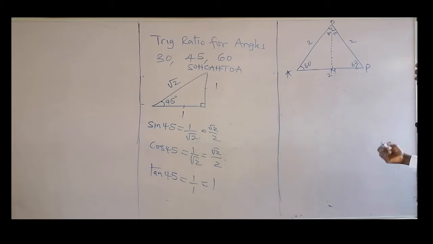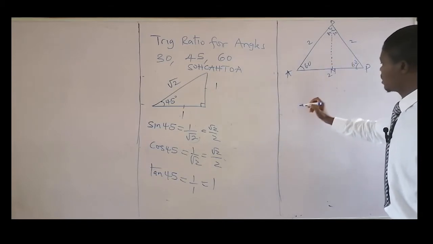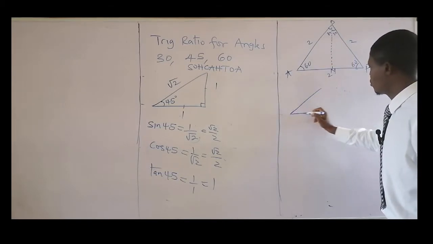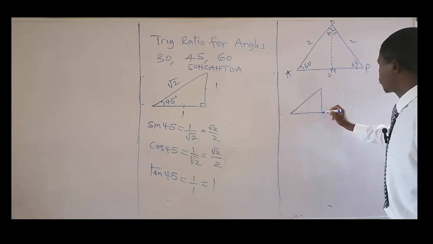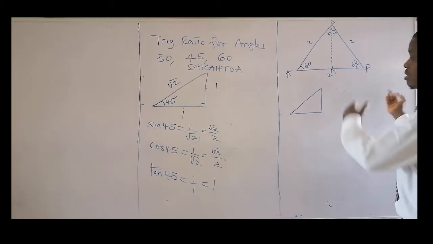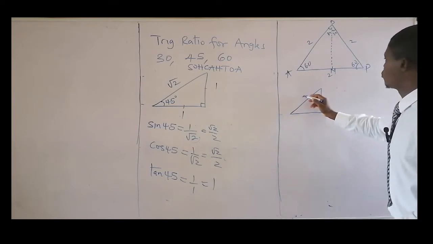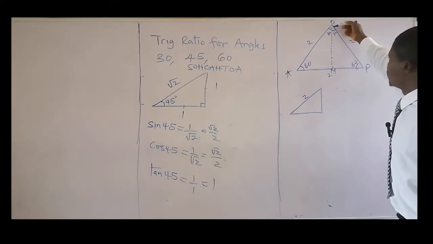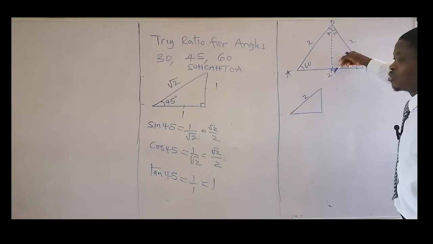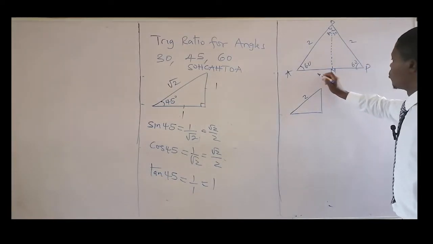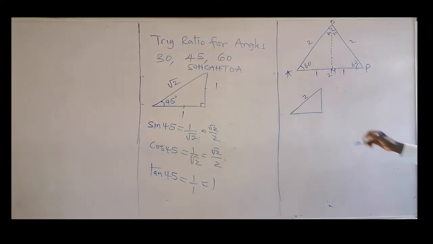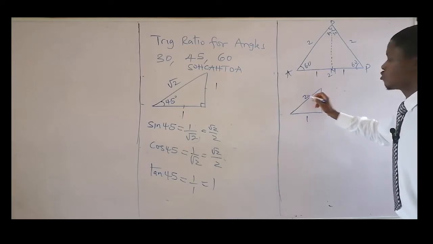If you cut one of them out, because they are equal, halfway, so this is 2 here. Once there is a line here that bisects it into 2 equal parts, these 2 will become 1. So this is 1, this is 2.